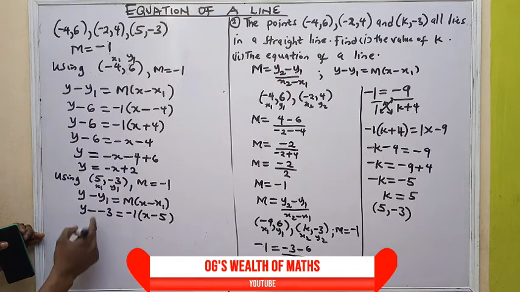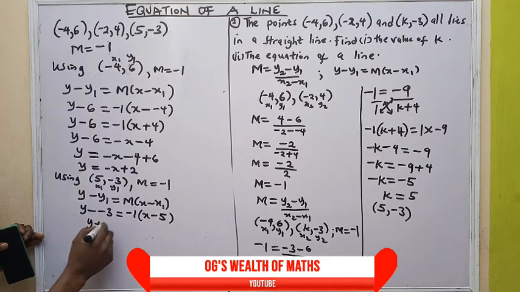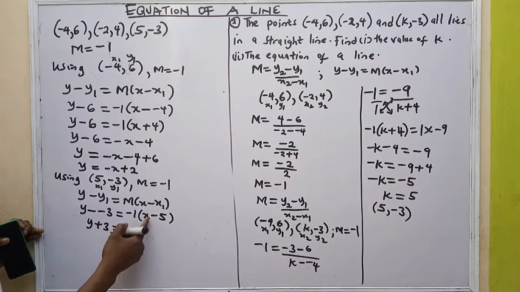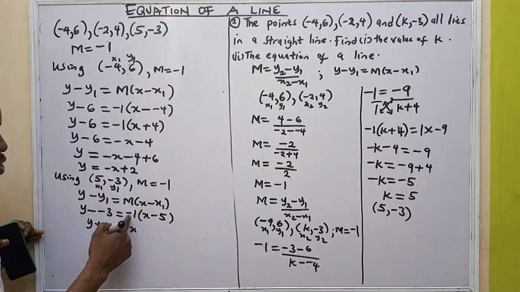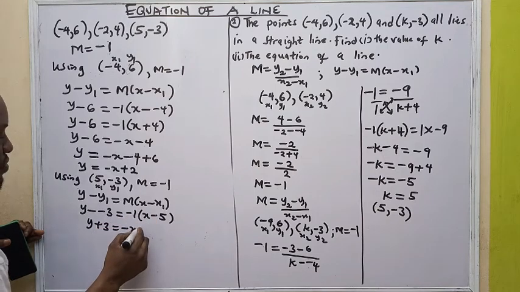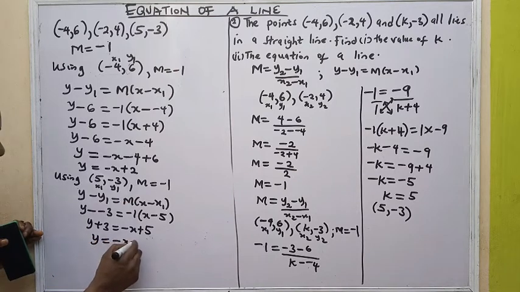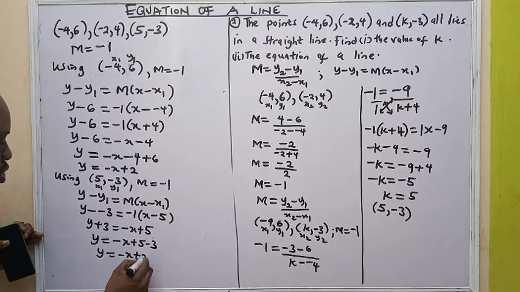So this is minus minus is plus, so y plus 3 equals minus x, minus 1 times x will give me minus x, minus 1 times minus 5 will give me plus 5. So if I take this to the other side, y will be minus x plus 5 minus 3. So y equals minus x, and 5 minus 3 is plus 2.